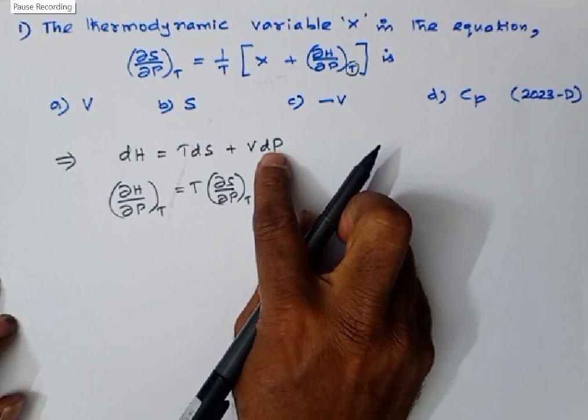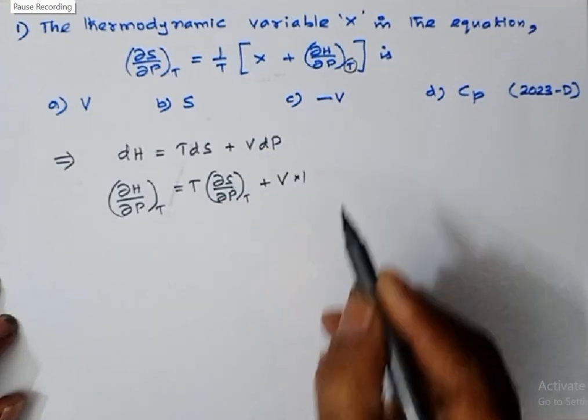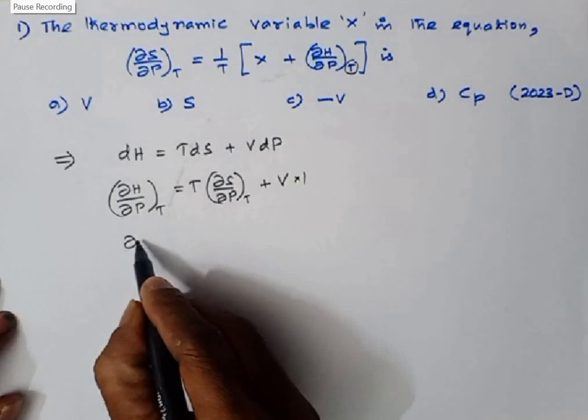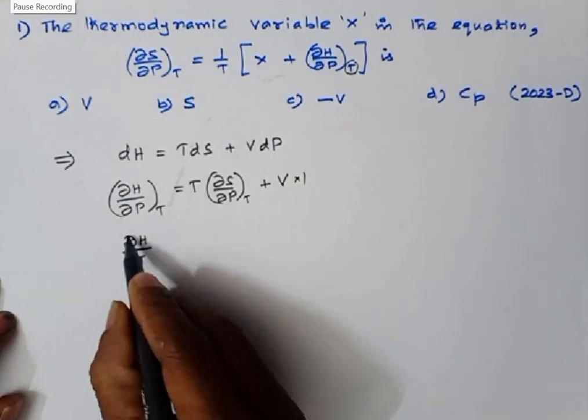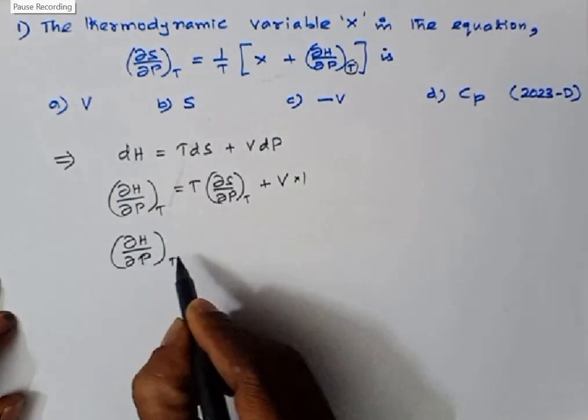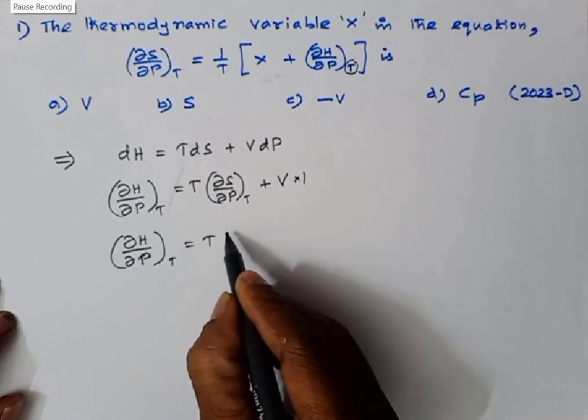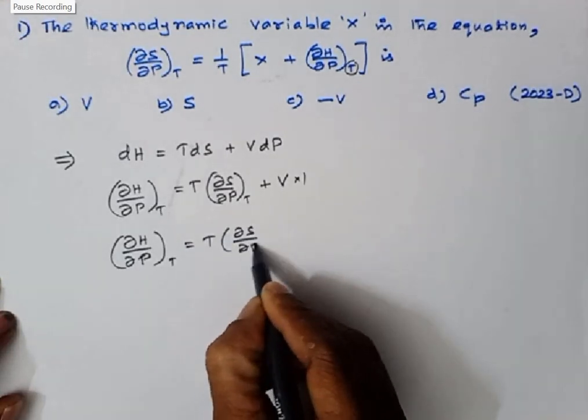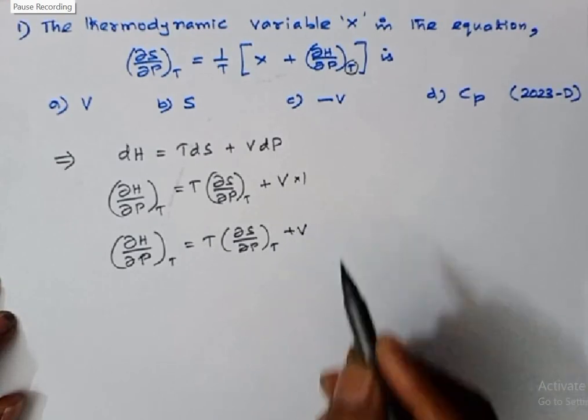If you differentiate dP with dP, you will get 1. So (∂H/∂P) at constant temperature equals T into (∂S/∂P) at constant temperature plus volume.